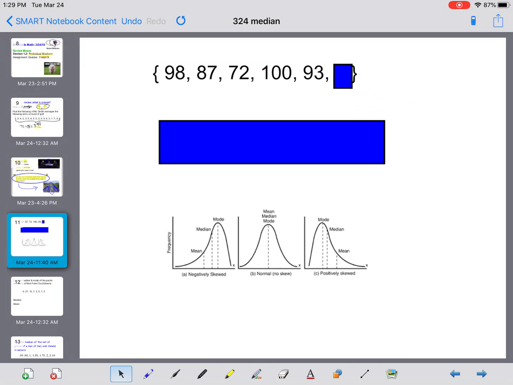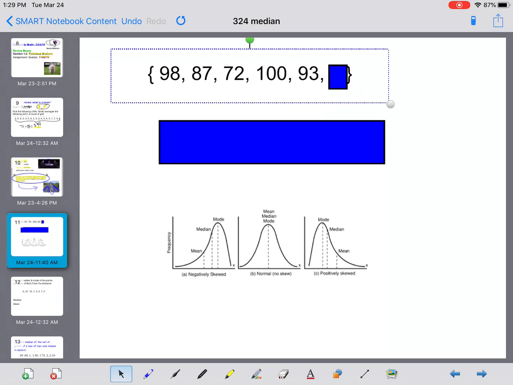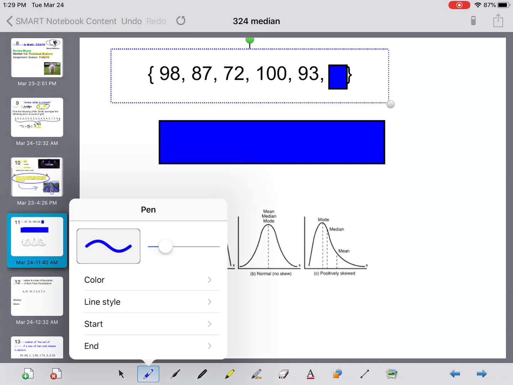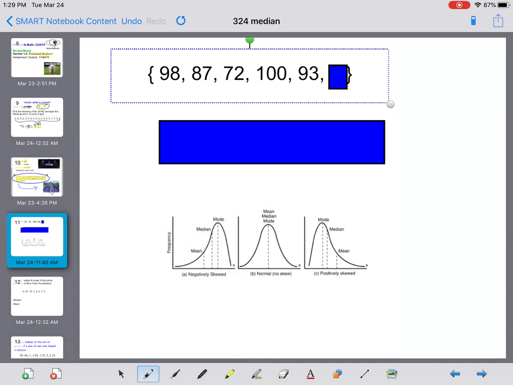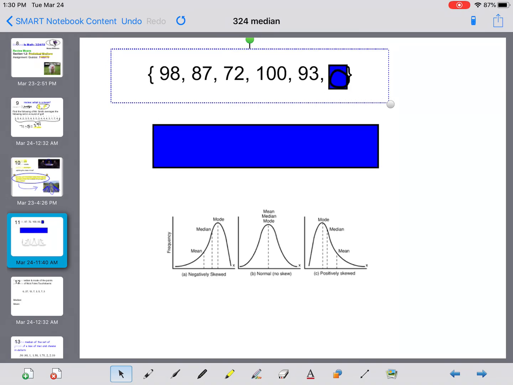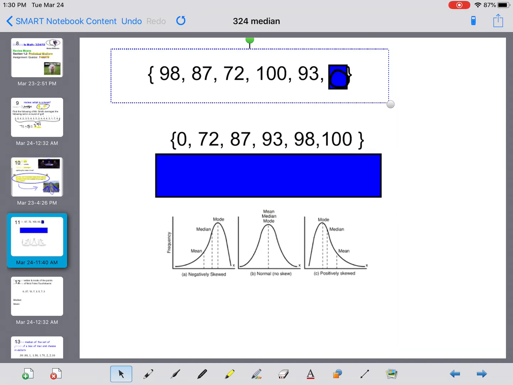Well, I have that 0 there, I'm going to have to include it. So what I'll do is I'll take it, put it in number order, and this is what we have. So what we can do is now we cancel out till we get to the middle.